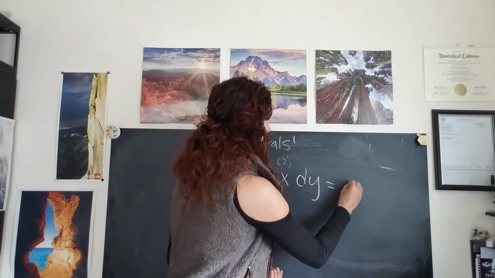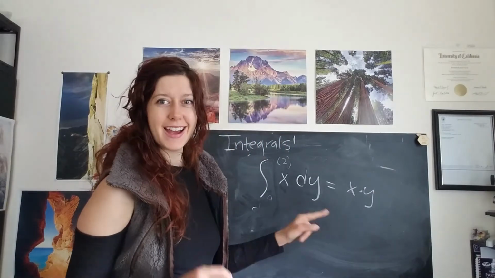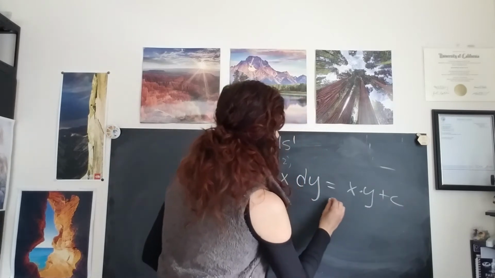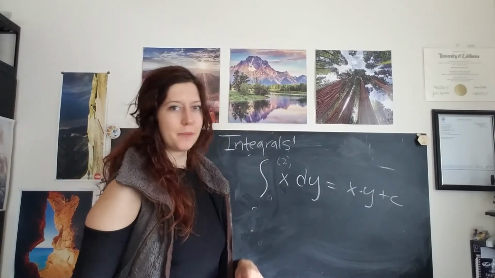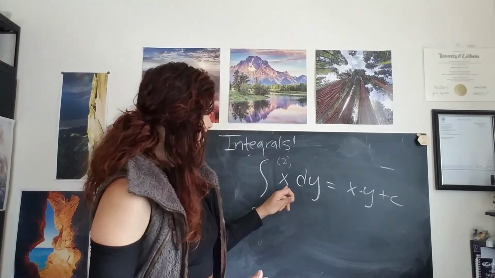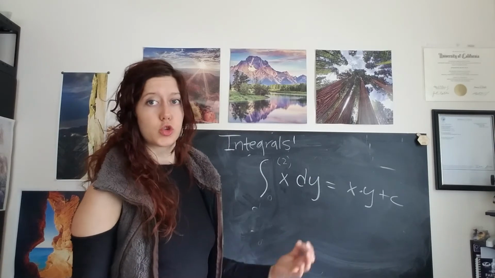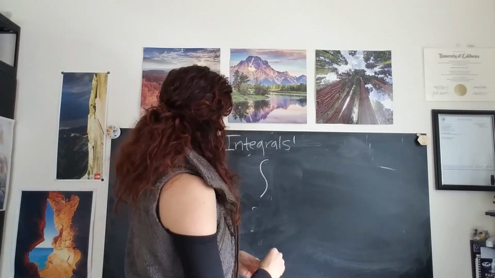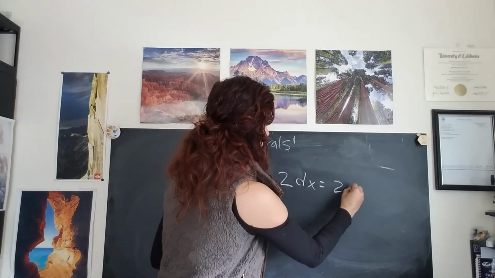So you would have x times y, and then what do I need at the end? A plus c. So then it would just be xy plus c. Boom, done, no problem. And so in this instance, even though x looks like a variable, you treat it like a constant. So yeah, the integral of like 2 dx is just going to be 2x plus c.